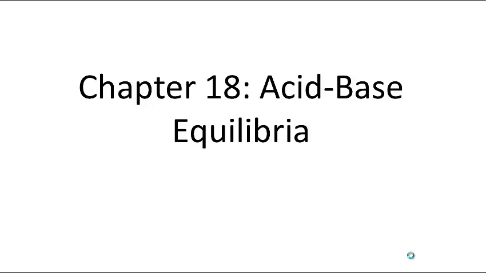I just got a question about this. Chapter 18 seems really short, and the answer is yes, it is very short. That doesn't mean the problem set's necessarily that short. Problem set 18 is 8 pages, so there's lots of equilibrium problems you can solve.